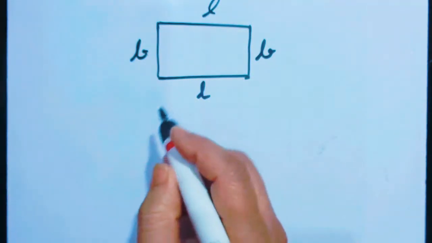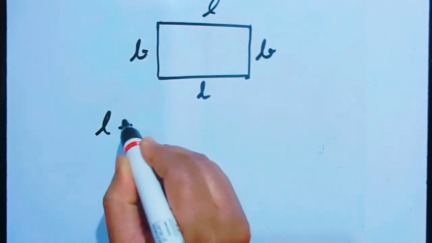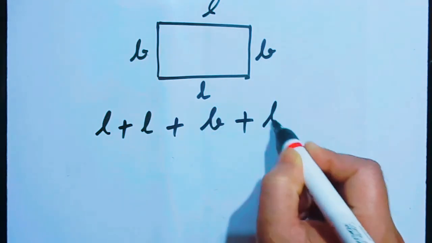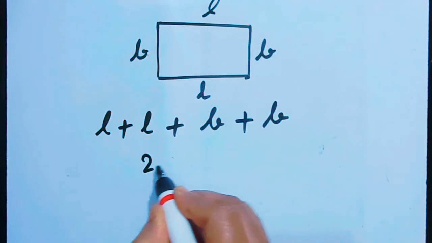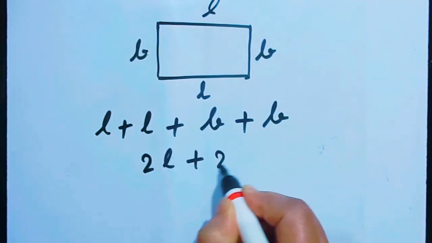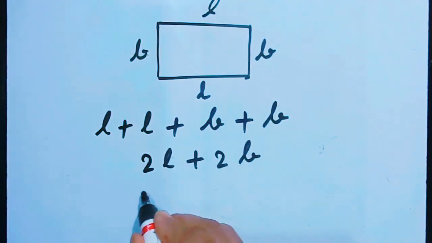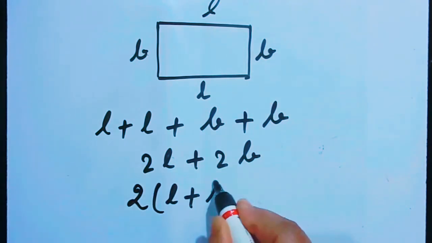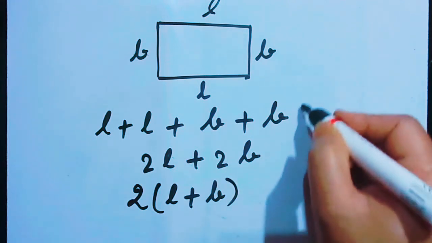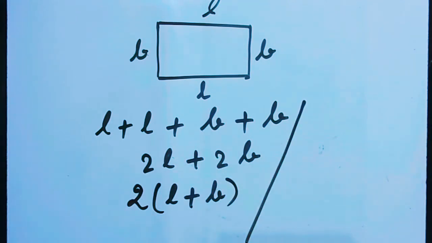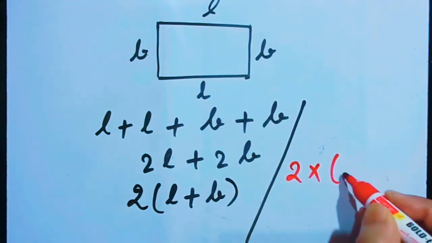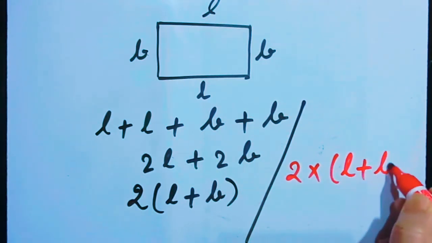So when you add all the sides, L plus L and B plus B, you are going to get 2L plus 2B. If you take 2 as common, you will get L plus B within the bracket. This means you are multiplying 2 with the sum of length and breadth.